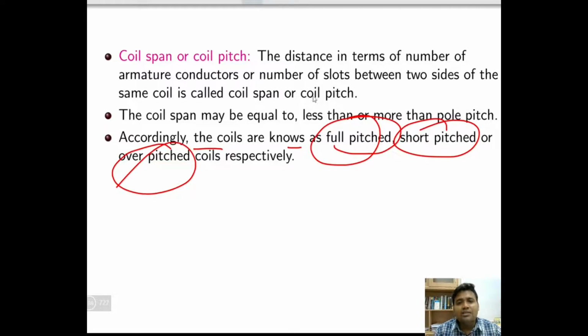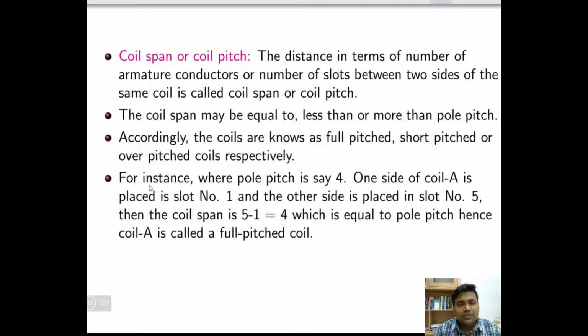If it is equal, then it is known as full pitch. If it is less, then it is known as short pitch. If it is more, then it is known as over pitch. For instance, let us take an example of a pole pitch of 4.